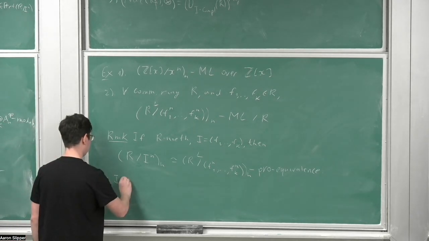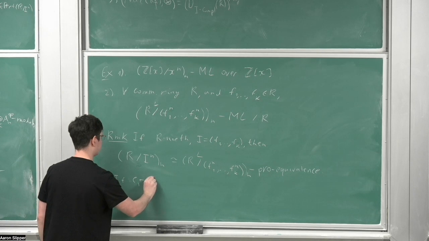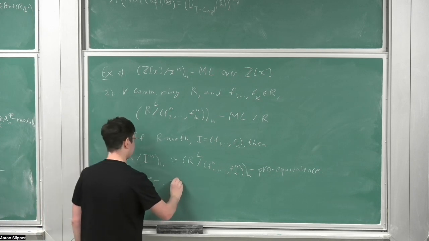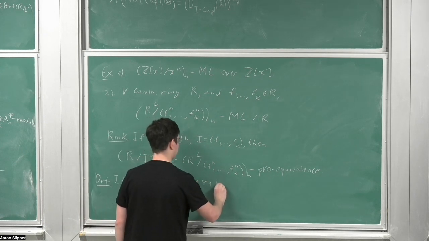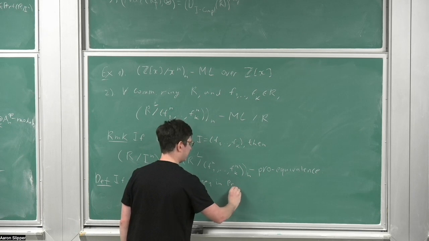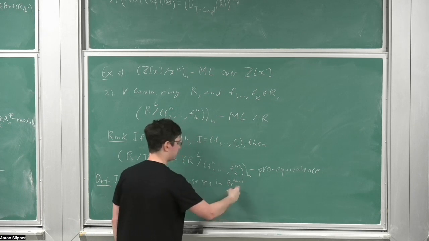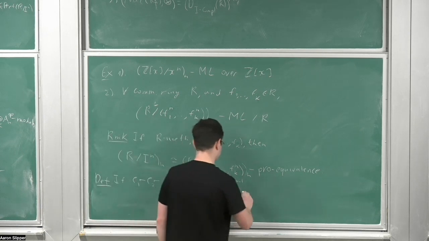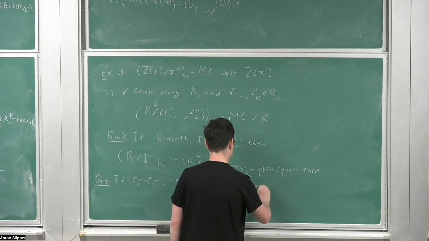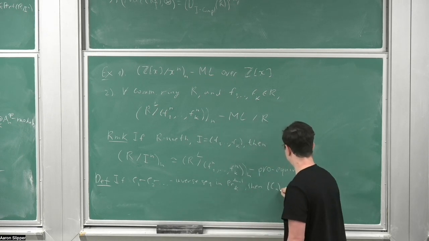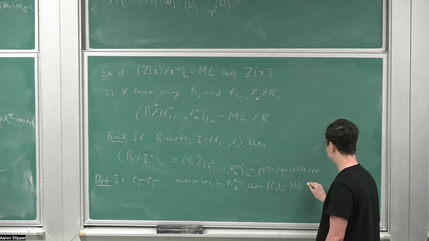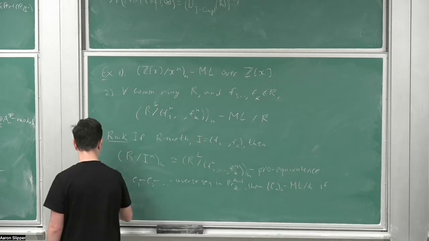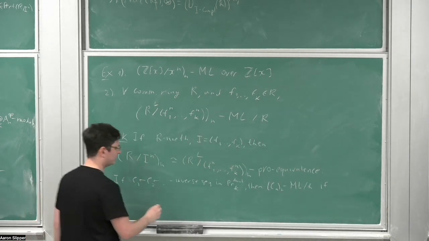So if C1, C2, ... is an inverse sequence in dualizable categories, but now K-linear dualizable categories over some base, then we say that the sequence is Mittag-Leffler over K if, so the third condition is that, I need the notation.